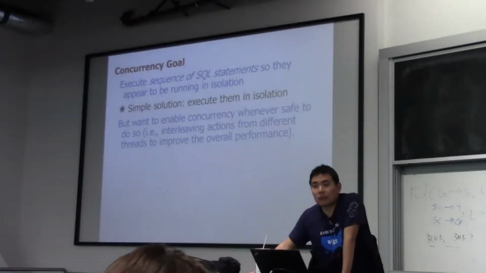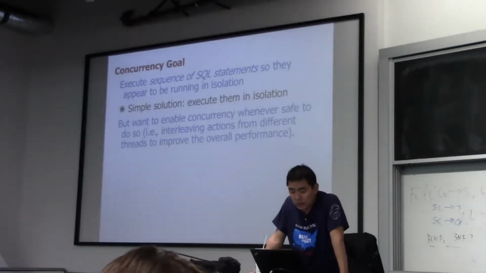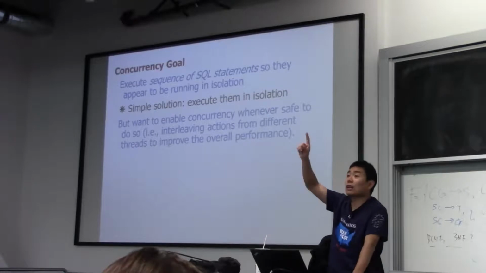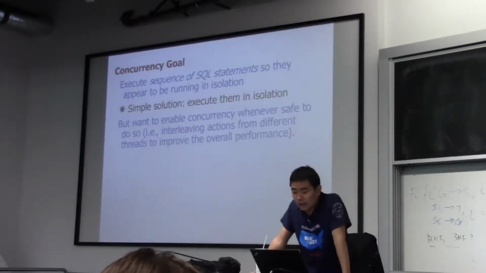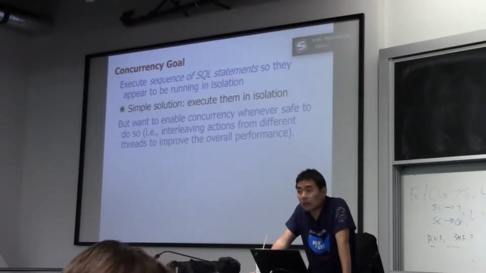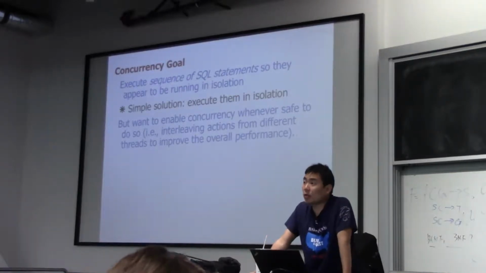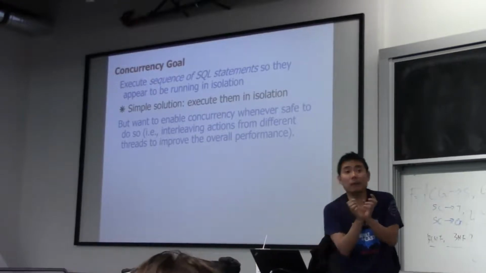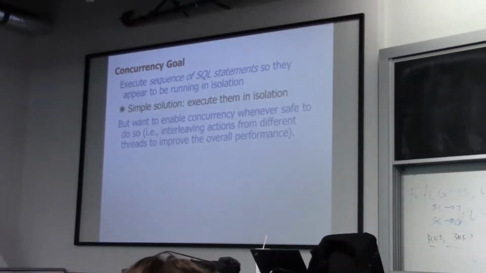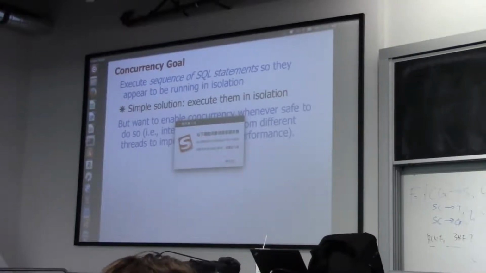So the goal of concurrent execution in a database is to ensure that not only a single SQL statement, but a sequence of SQL statements can be executed concurrently. That's the objective. If you run them one after another, meaning one job after another job, that's a safe approach, safe and sound.